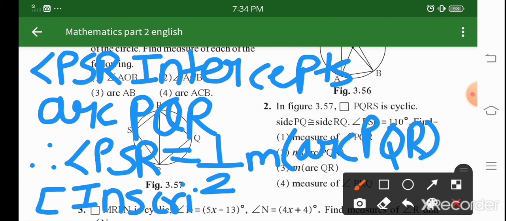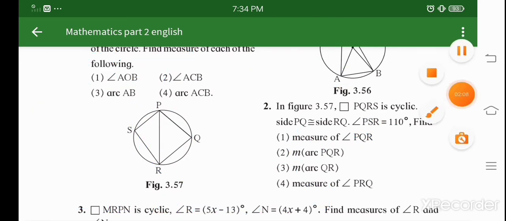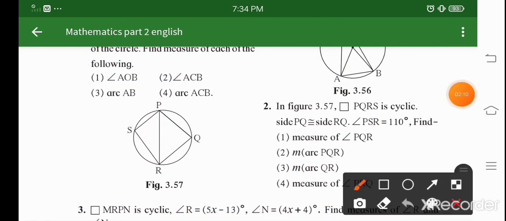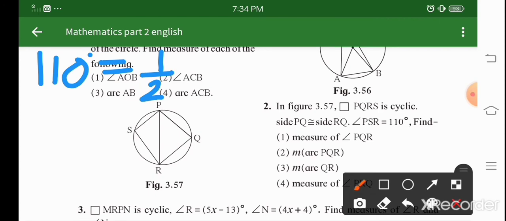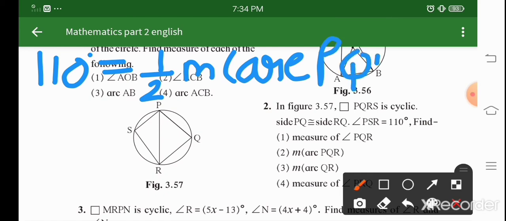Now just substitute the value and get the answer. Angle PSR is 110, this is 1/2, and the measure of arc PQR we have to find out.